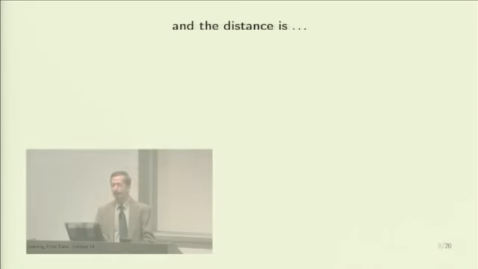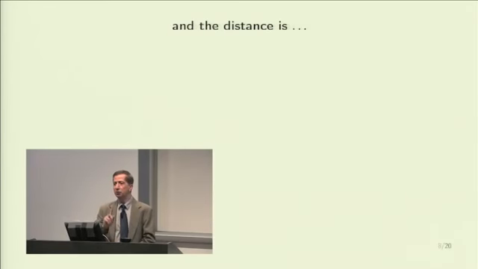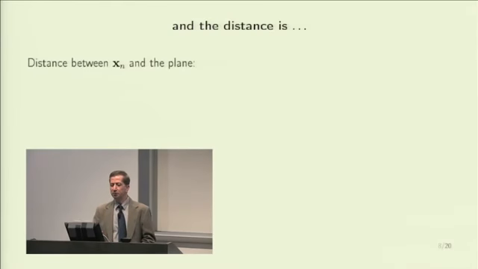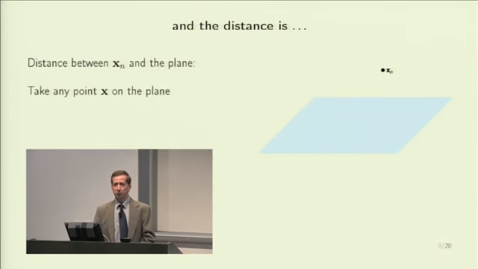Now we can get the distance. Once you know the orthogonal to the plane, you probably can get the distance, because what do we have? The distance between xn and the plane can be computed as follows. Take any one point on the plane, we just call it generic x.